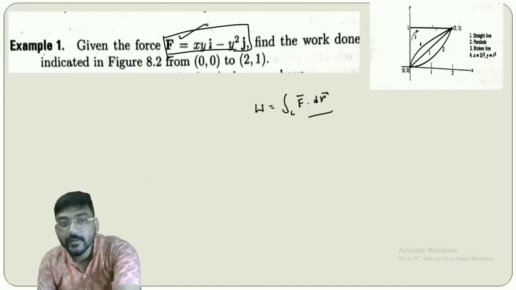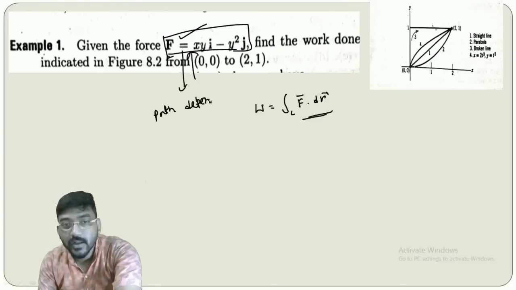When we take this force and solve f dot dr for the four paths, we see a different result each and every time. It means that the work done by this force along different paths will be different, that is, path dependent. Here the work done by this force is path dependent, as we solved in the last class.